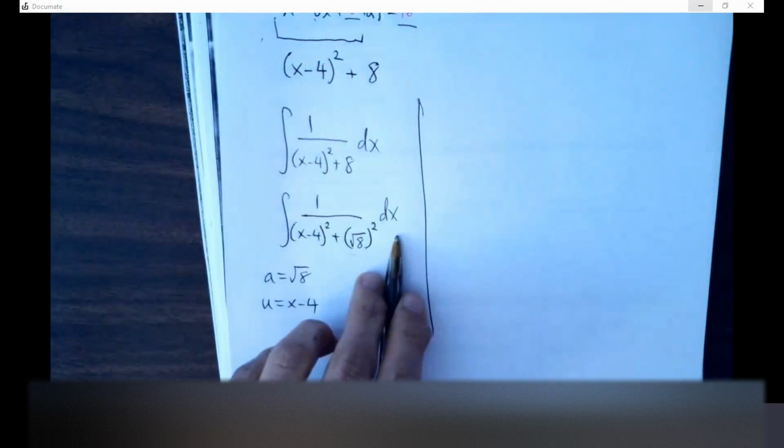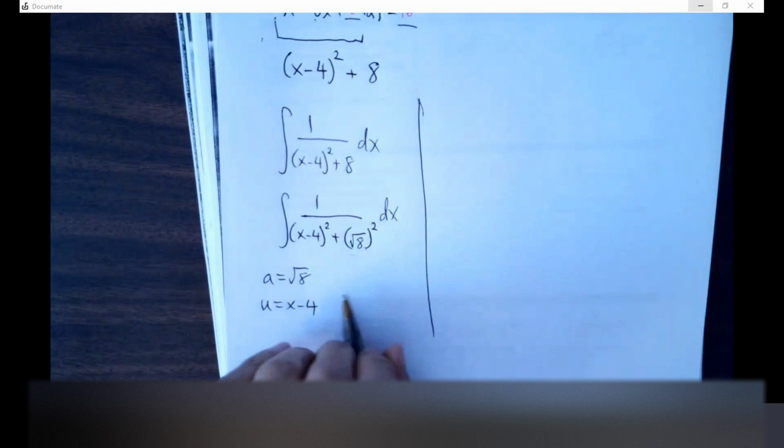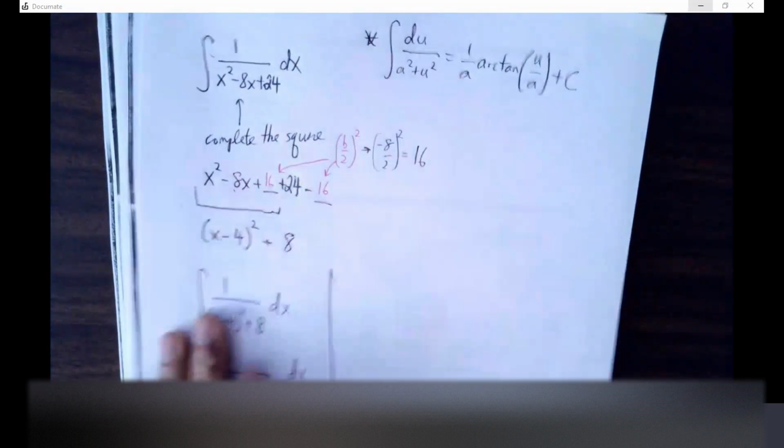If we go through u substitution, we're not going to get any coefficients that we've got to keep track of, so we can jump directly into our rule here.